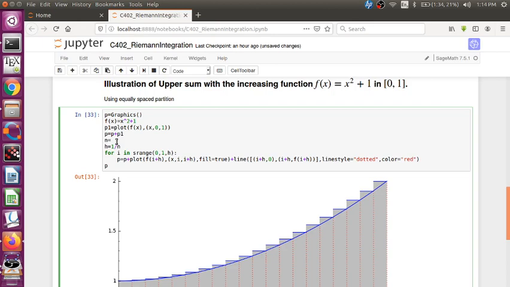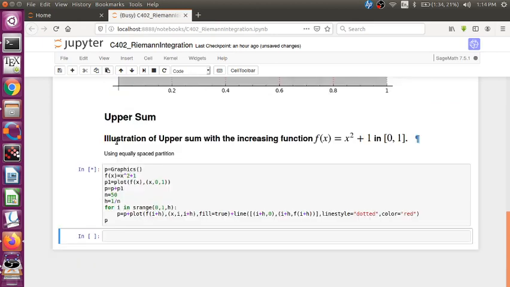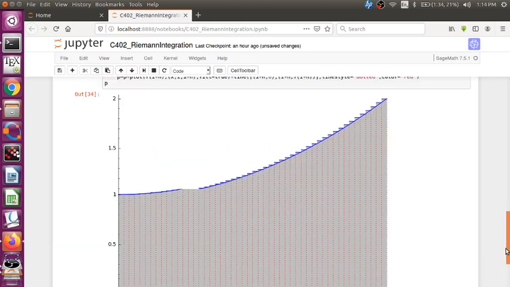So say if we take 50 sub intervals, in that case what happens? See, we get a much better approximation of the area under this particular curve.